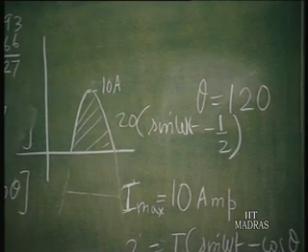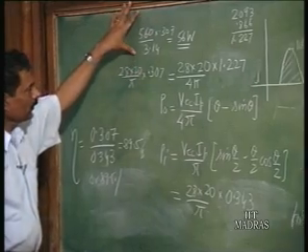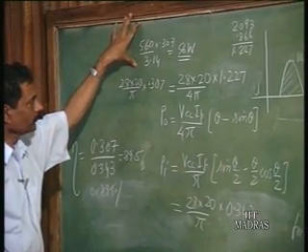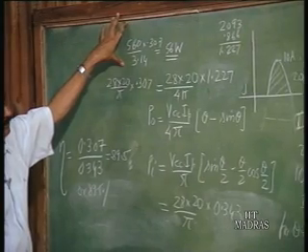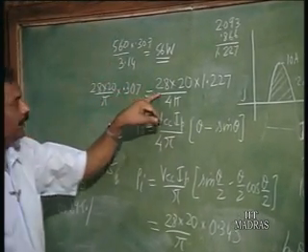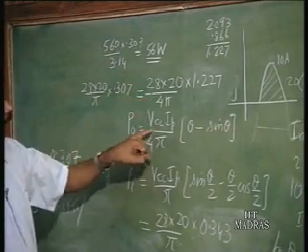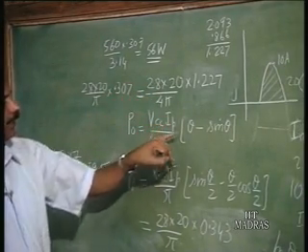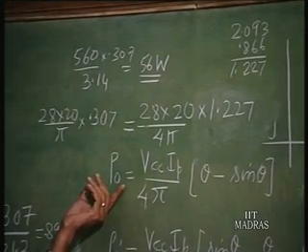Now, as far as the transistor is concerned, the voltage specification using 28 volt supply, 28 VCC into IP divided by 4 pi theta minus sin theta is the output power as derived by us last time.